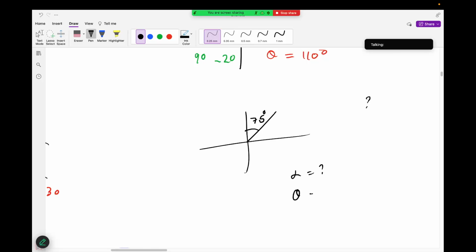It is 75 now. Alpha is 15 and theta is 75.